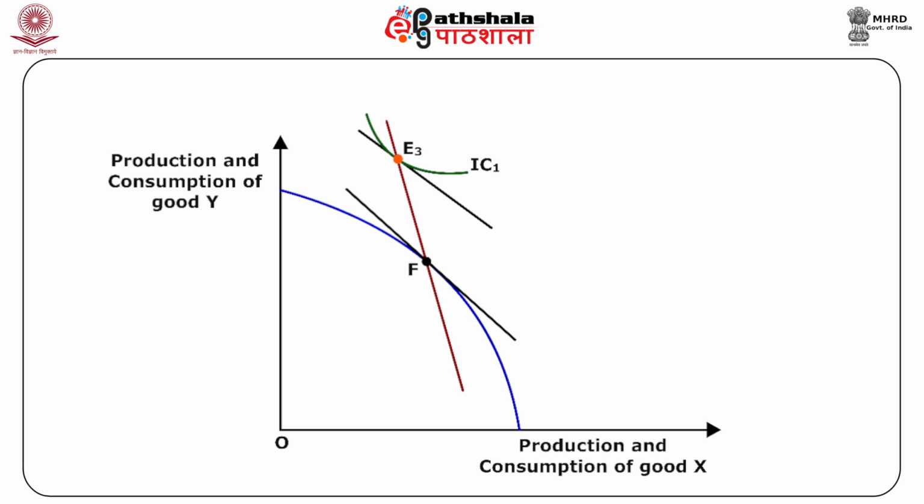Consumption is also distorted. In general, the precise effect of the tariff on consumption depends on exactly how the government spends the tariff revenue. If the government returns this revenue to the consumers, the budget constraint of consumers is a line with the slope minus Px upon Py times 1 plus T that passes through the point Q2. Consumers can spend more than the income received from the production of goods.